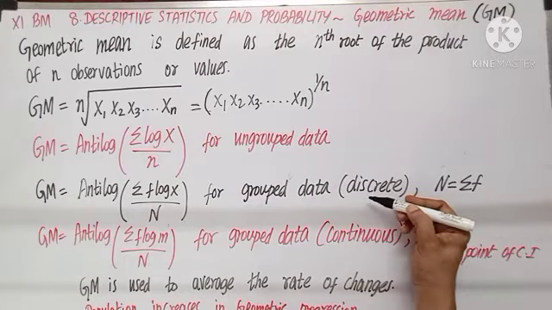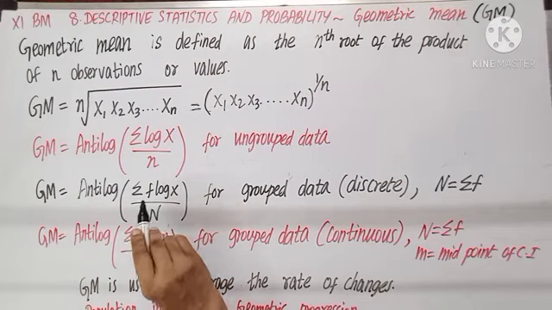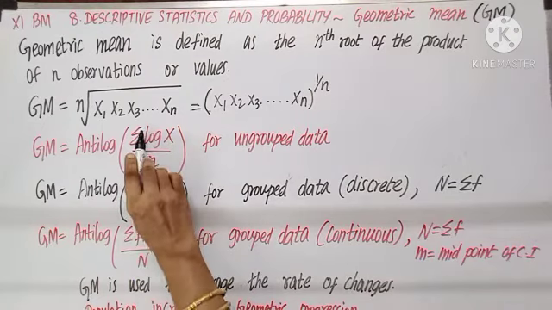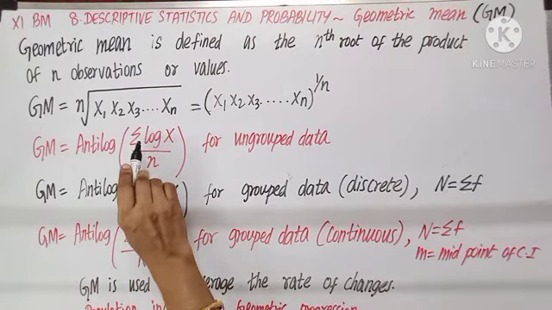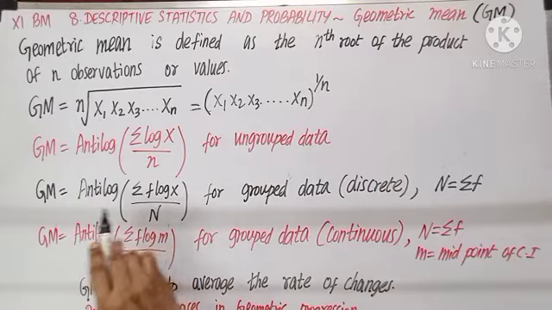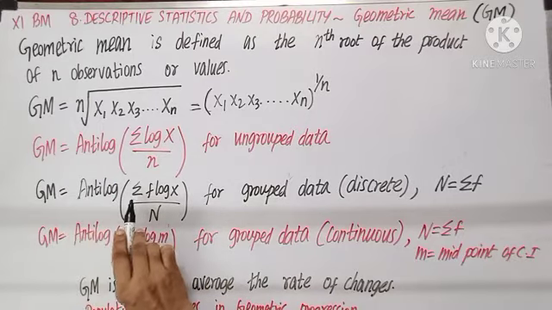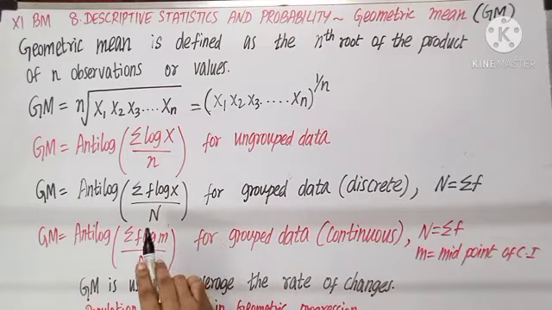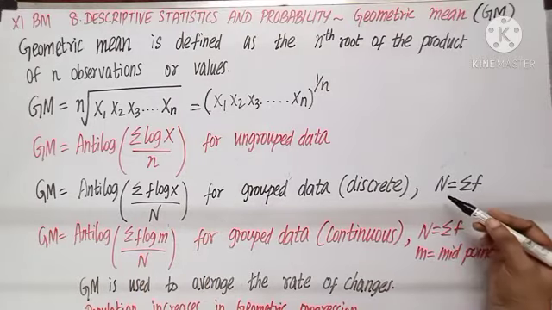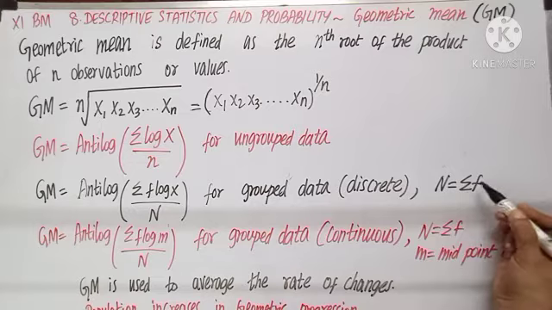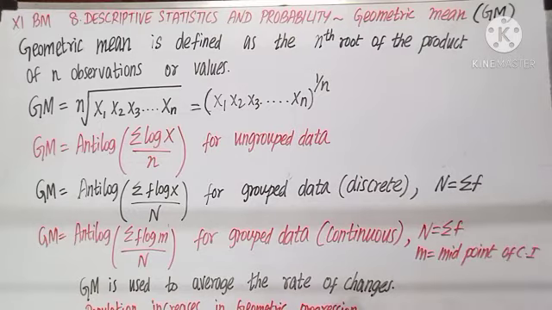Discrete, they give us x and f. So just put f extra in this formula. I read it as antilog of sigma f log x by N. Remember, whenever f comes, we put capital N. Capital N stands for total frequency, sigma f.